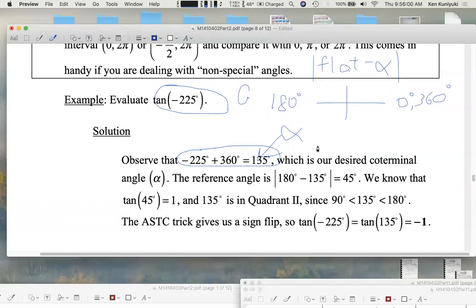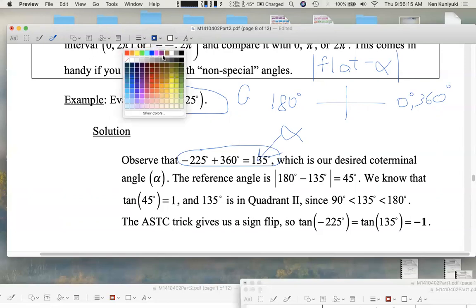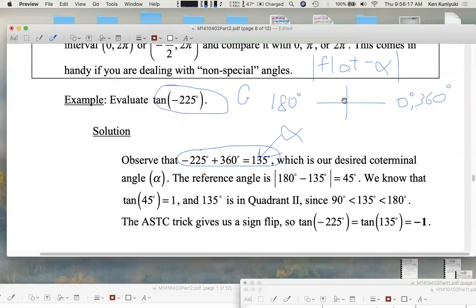And then, what's the reference angle for both these guys, the 135 degrees and the negative 225 degrees? All right. Well, incidentally, you might care about the quadrant first. What quadrant is 135 degrees in? 135 degrees is going to be in quadrant 2. We're in quadrant 2.